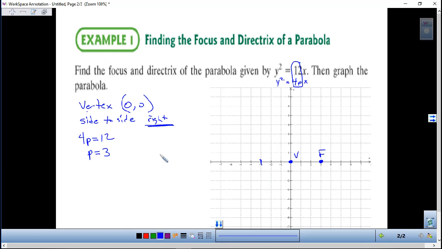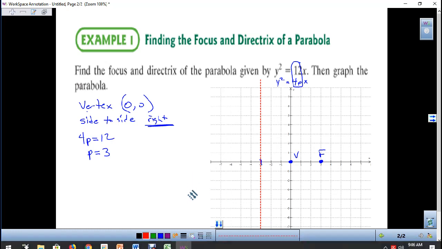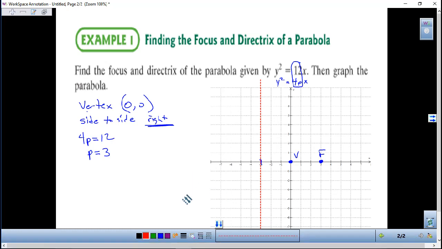So at -3, we're going to have a dotted line. So this is, remember, not technically part of the graph, but it is a property of the graph, and it's going to be a way that we would build the graph if we were going specifically according to the definition of the graph. And then, of course, this thing is just going to open to the side.